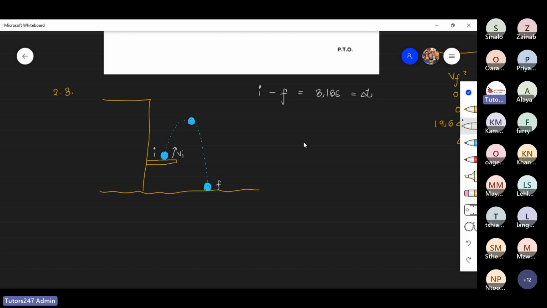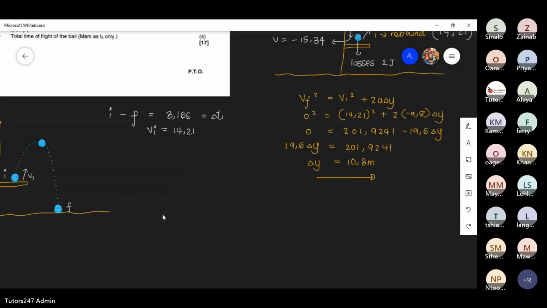Let's see, what else do we know? So let us just make a note of what we know. We know initial velocity, which was 14.21, I believe. Let us just double check. Yep, 14.21.